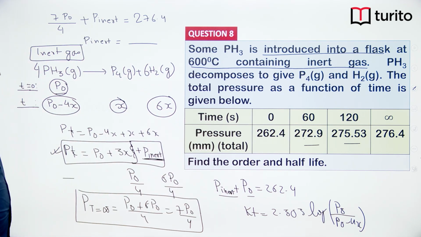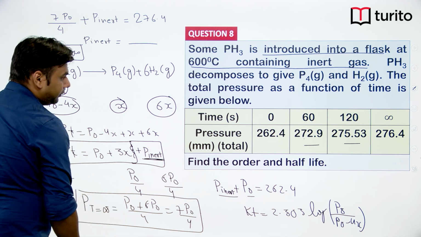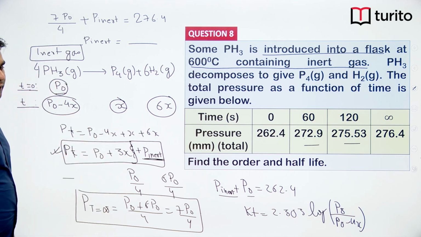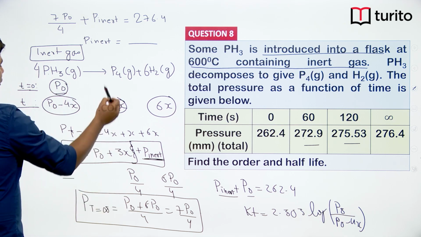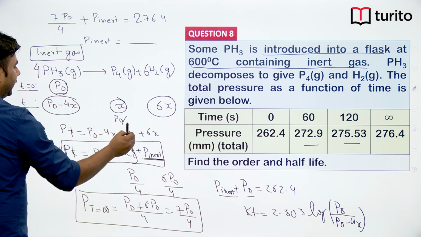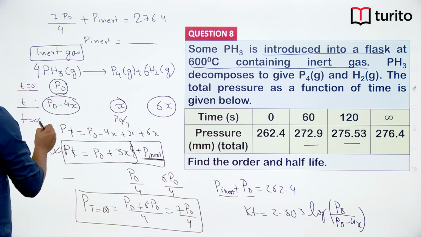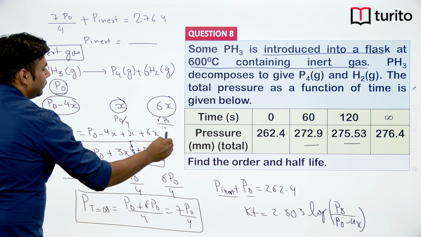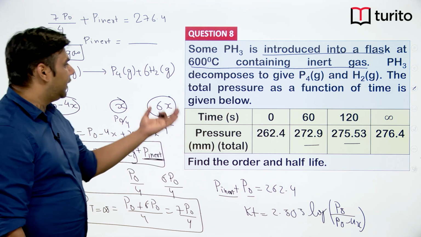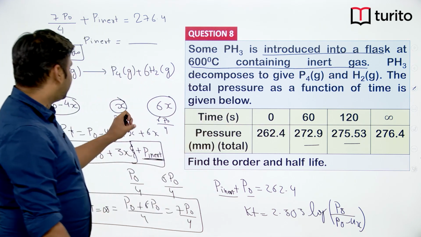Then we know that at time t equals infinity, the entire reactant would have reacted. So this would change into 4 P naught by 4, and this would change into 6 P naught by 4, and at time t equals infinity, again the inert gas would be present. So just add them.